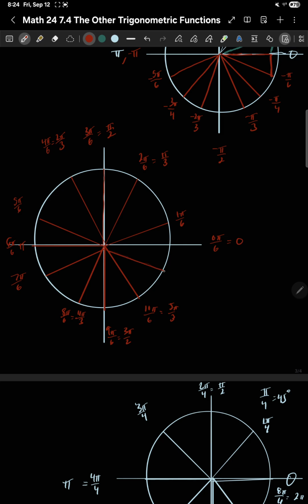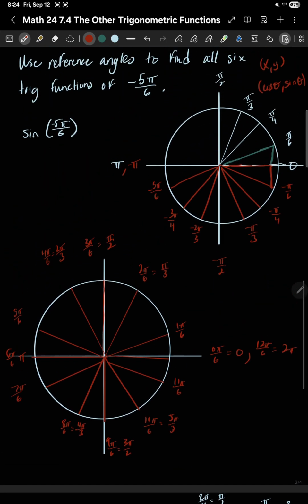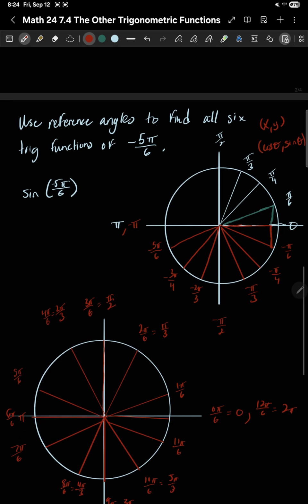And then skip the middle, 11 pi over 6. And then finally, we get 12 pi over 6, or simply 2 pi. Okay? That's how I'm coming up with these angles quickly.